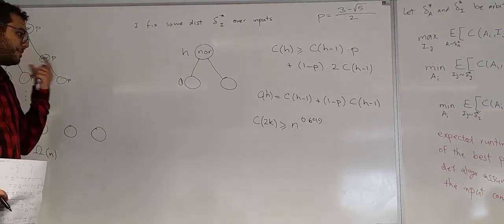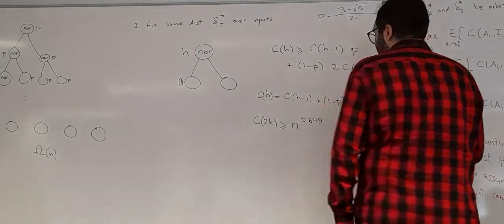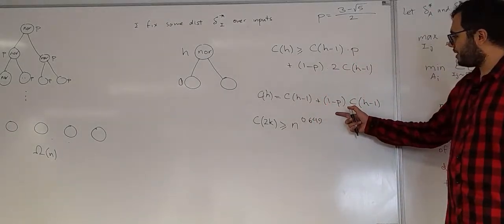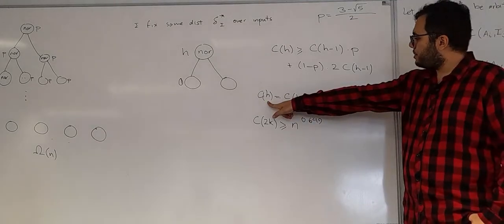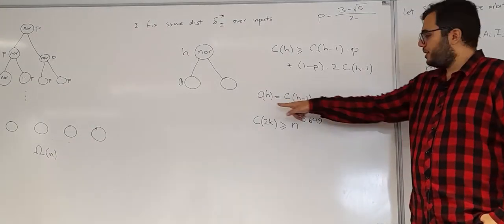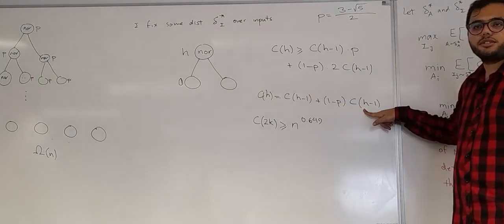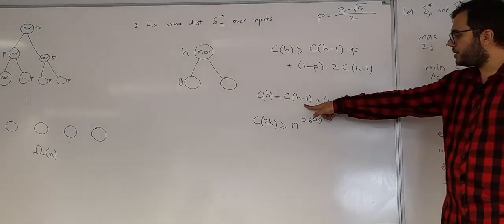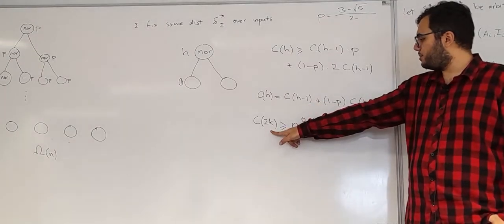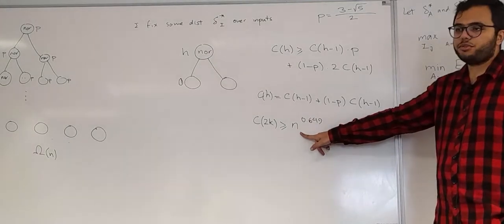And that's because that's the solution to this equality. It's like every time that you increase the height by 1, you're increasing your cost by a constant factor. So this is just increasing exponentially in terms of the height. So you just solve it for height 2k, and this is what you get. And this is, again, assuming that n is 4 to the power of k.